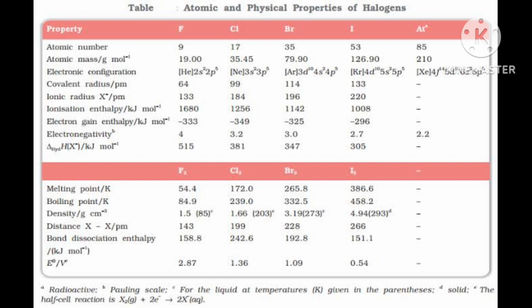One curious anomaly we notice here, which I discussed in the data, is the smaller bond dissociation enthalpy of fluorine compared to that of chlorine, whereas X is halogen gas.